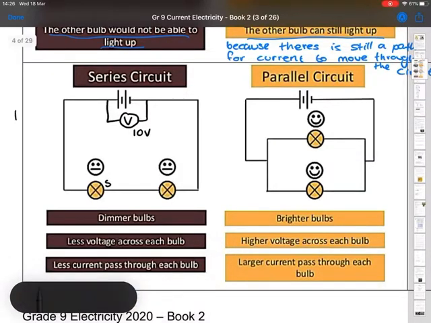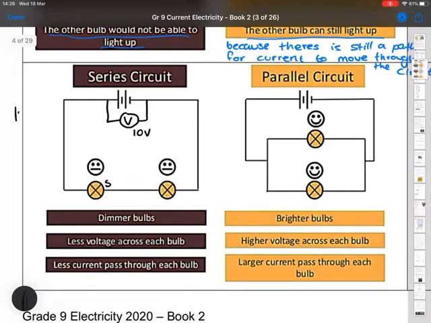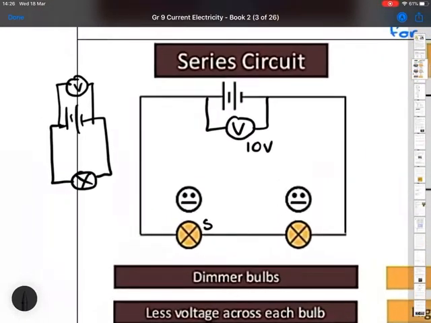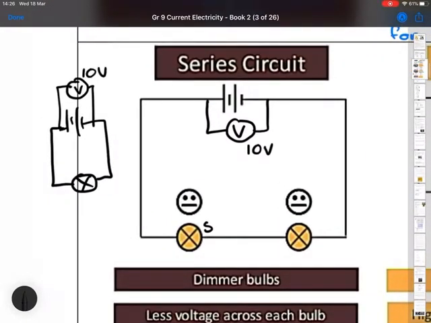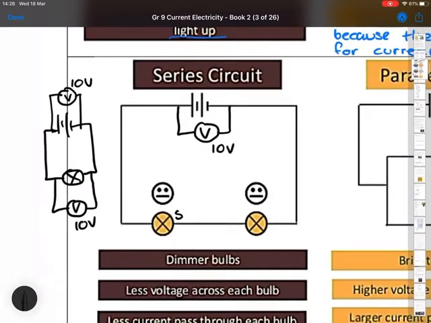when you only had one bulb, say for example I had another circuit with just one light bulb in it. If that was a 10 volt battery, so if we had a voltmeter across that battery and it had a reading of 10 volts, and I put a voltmeter across that bulb, that would mean that this voltmeter would also have 10 volts, then all of the 10 volts from the cell or from the battery is going to that bulb.